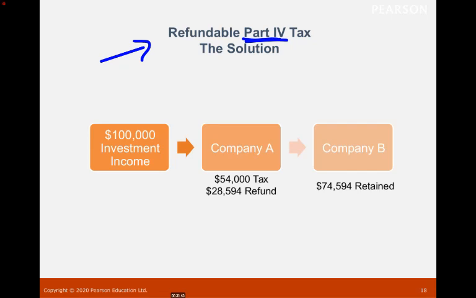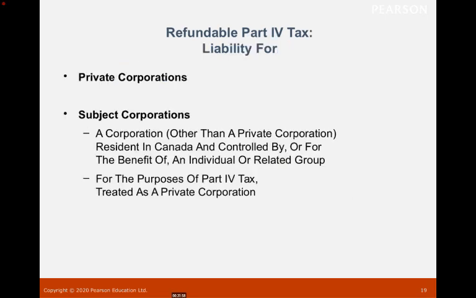So Company B, if this money goes from Company A to Company B, has retained the $74,594. Well, Part 4 tax.